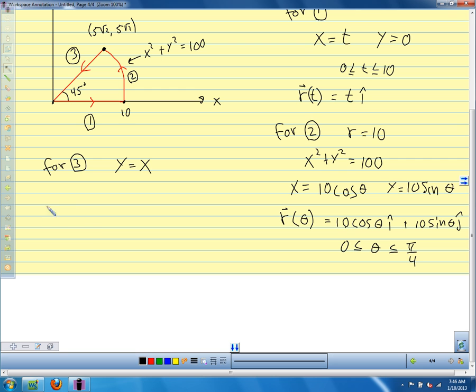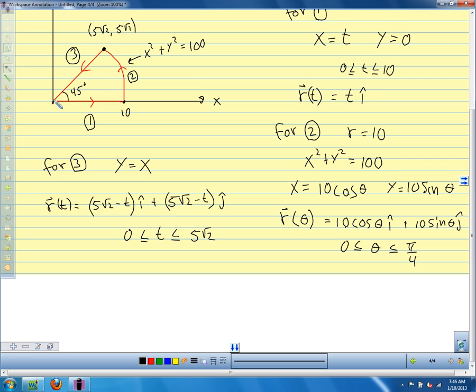So we could say r of t equals (5 square root 2 minus t)i plus (5 square root 2 minus t)j, with 0 less than or equal to t less than or equal to 5 square root 2.